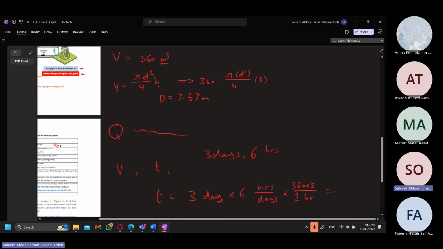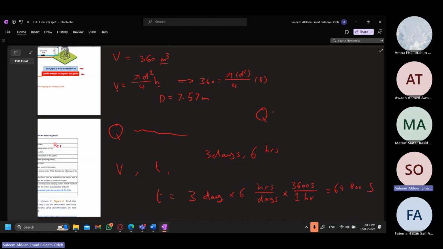So multiplying everything together to get the time in seconds gives us 64,800 seconds.